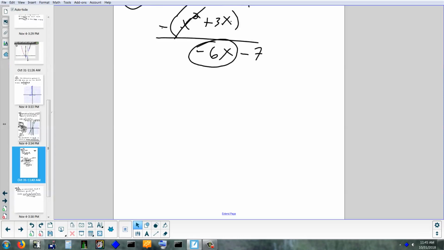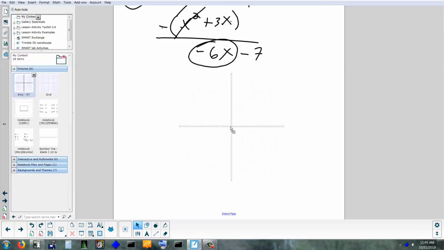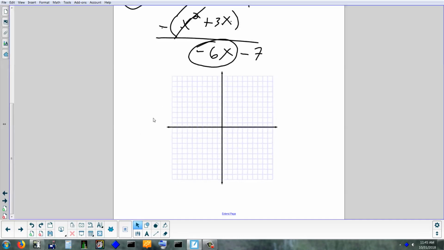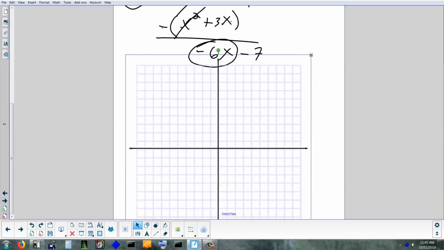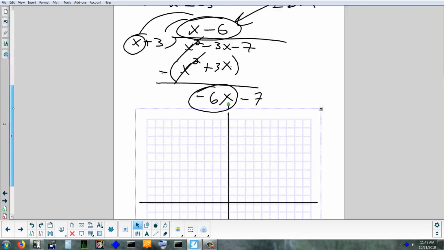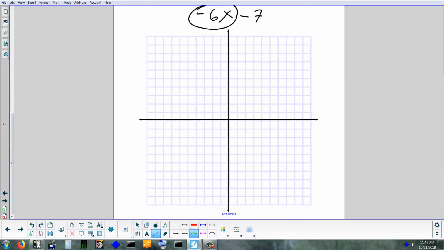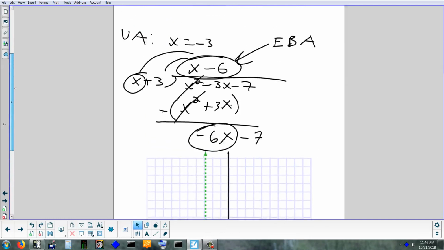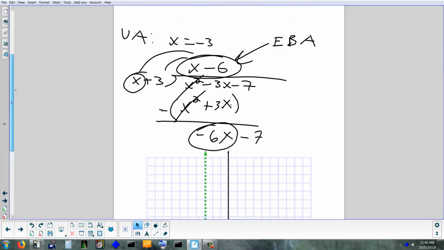So let's put a graph. Let's make that a bit bigger. The vertical was at -3. Okay. Put that there. And the slant is x minus 6.